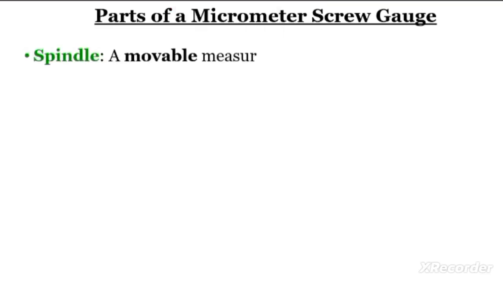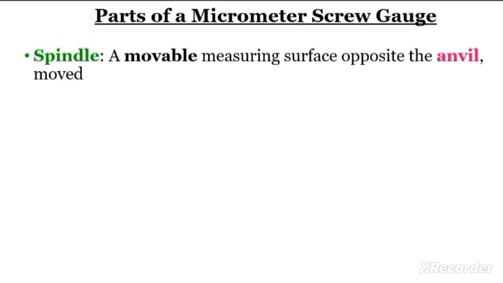So what is the function of the spindle? So a spindle is movable. So when we say movable, it is able to make movements. And the spindle is a movable measuring surface opposite to the anvil.